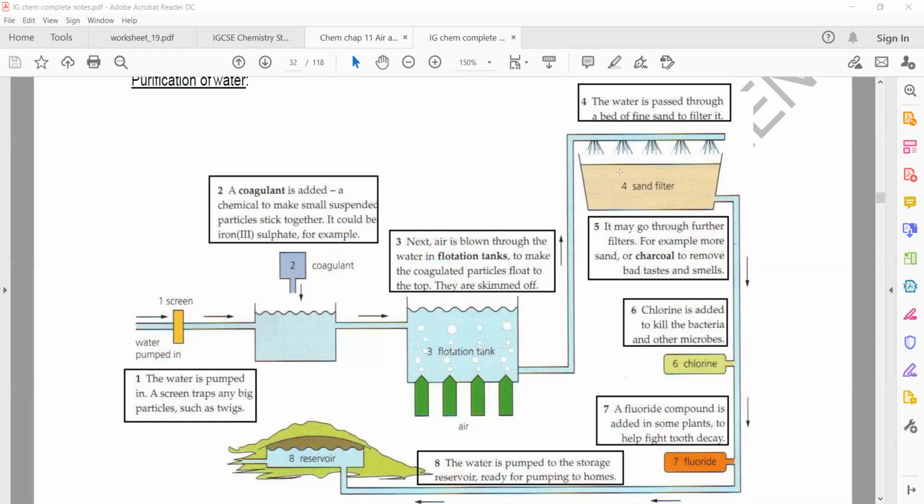So these are the steps involved in the purification of water, making the water drinkable for domestic use. Any doubt in this? Copy this part as well.